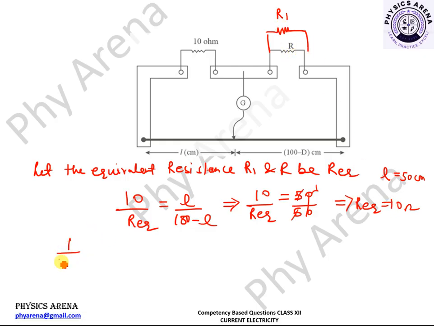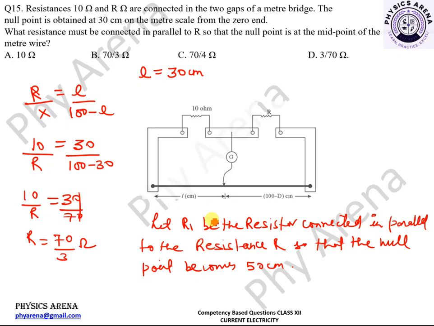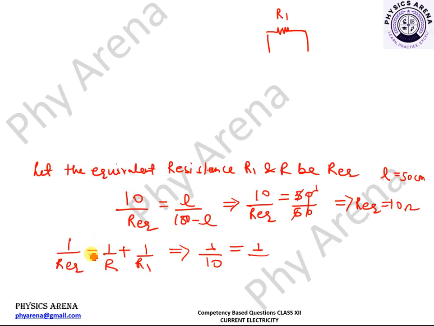We can write 1 upon R equivalent is equal to 1 upon R plus 1 upon R1. This implies 1 upon 10, since R equivalent is 10, is equal to 1 upon R, and the value of R we have obtained is 70 by 3.